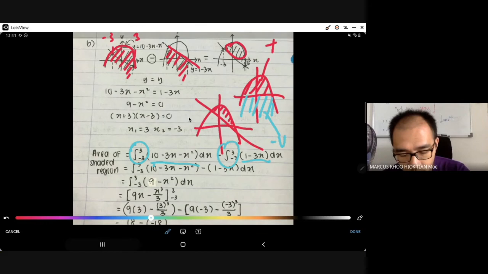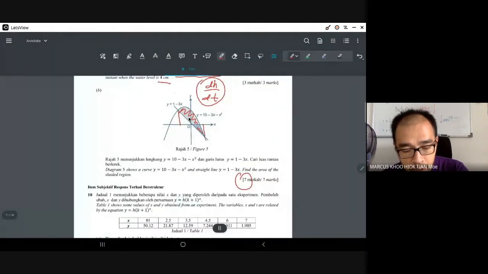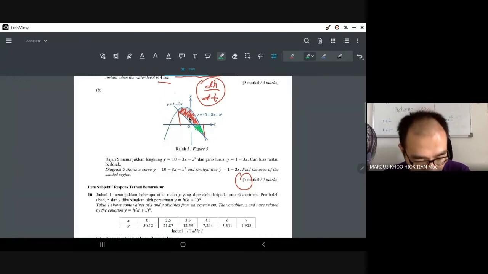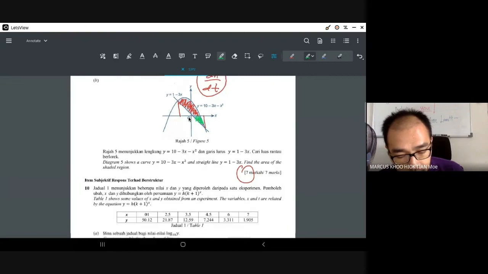In this question, the region covers both sides of the axis, got this one, and then got this one. So the approach that this group has taken is actually quite good, and I'm quite impressed with this. All right, good. Let's go to number 10.